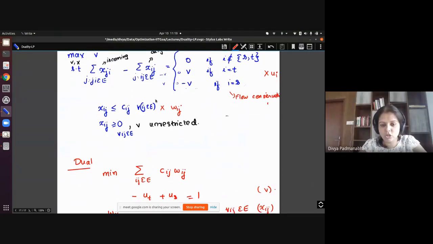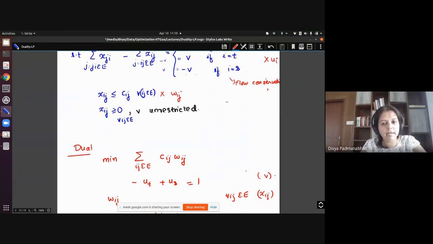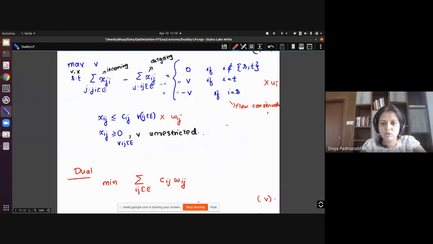If you take arc ij, when it appears as an outgoing arc, that would be for i. So if you look at vertex i, all the incoming minus outgoing, and in the outgoing you will have xij, so there'll be a minus sign corresponding to i.